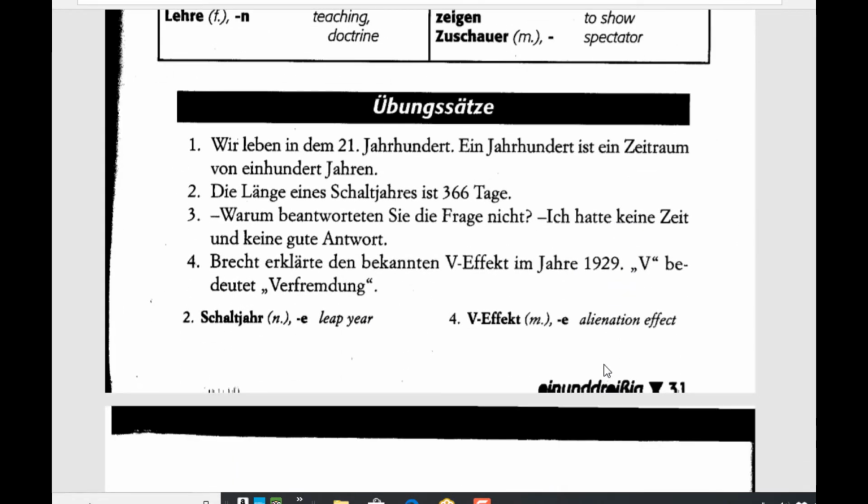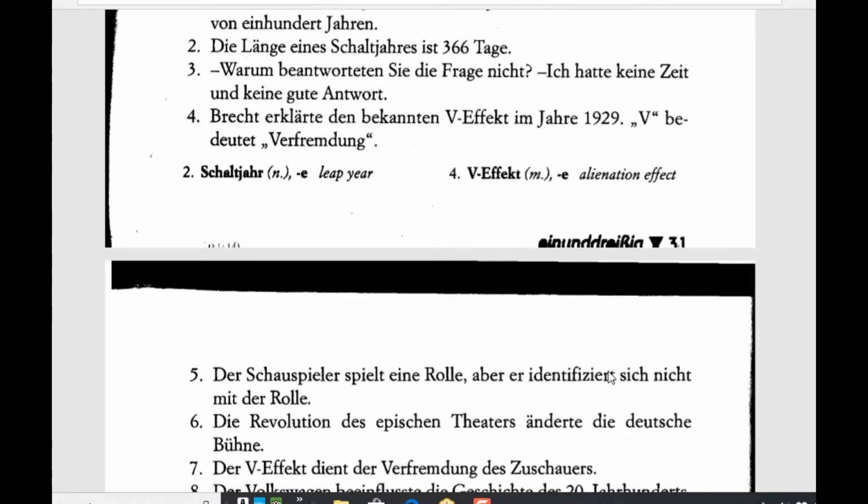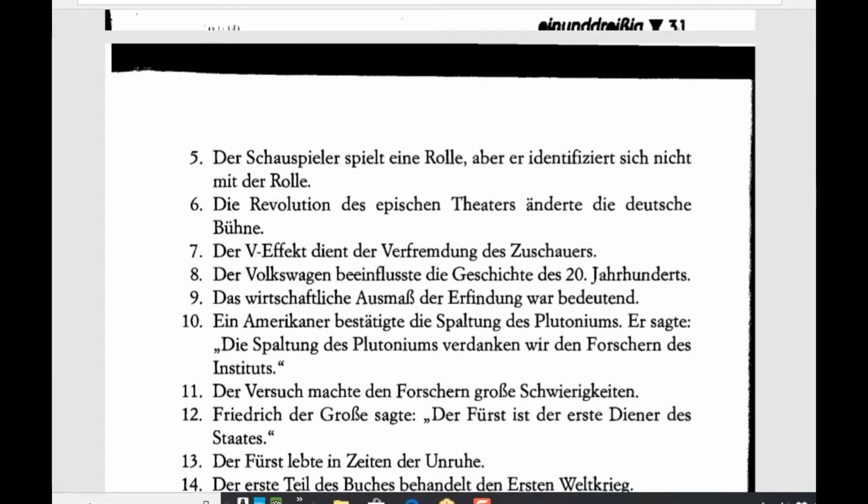Okay, we're doing just a couple of sentences from here. Let's go through number 6 here, and just try to identify the different cases.